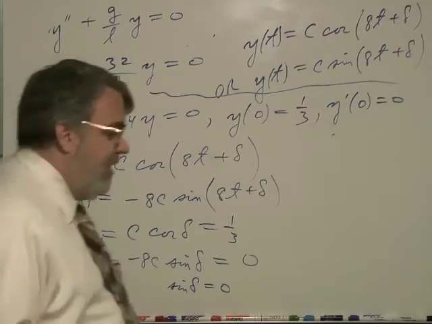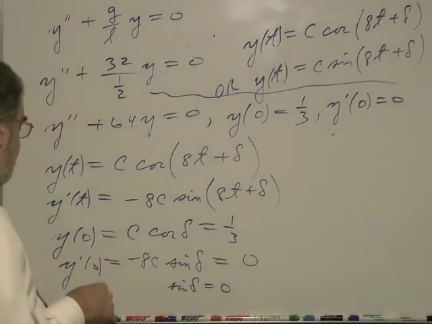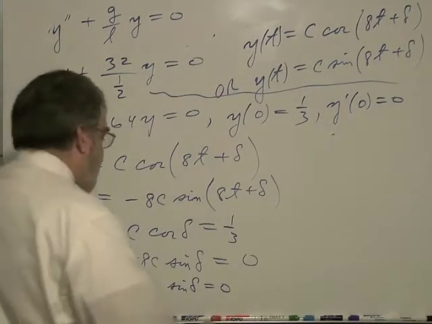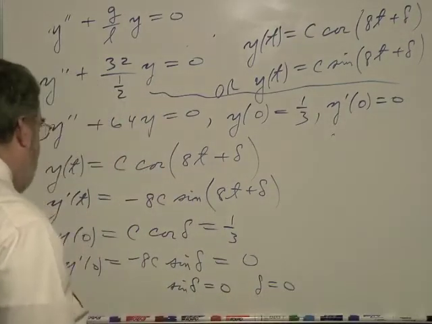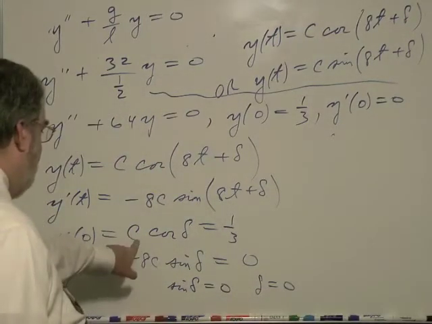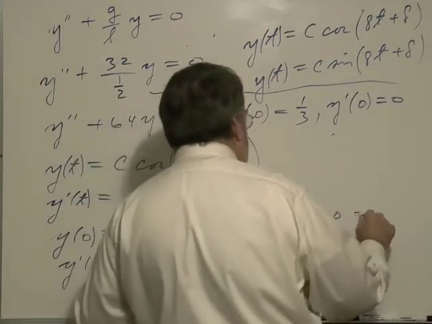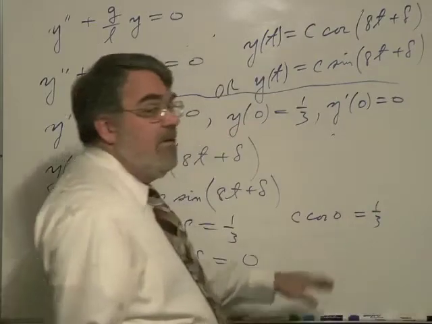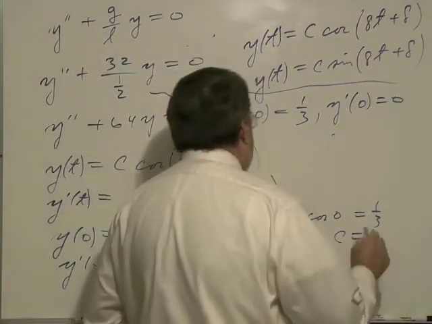And by the way, just a reminder, our angles are radian measures, not degree measures. Anyway, so delta is equal to 0, which means that c cosine of 0 equals 1/3. Well, the cosine of 0 is 1, so c times 1 is c equals 1/3.